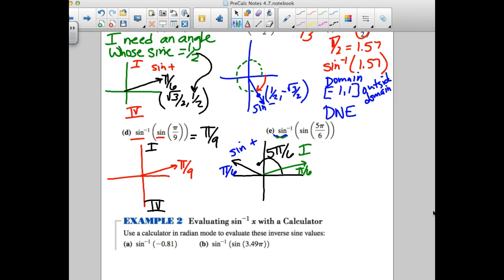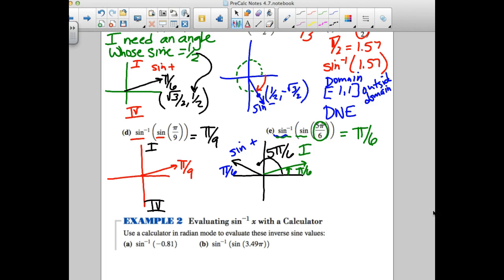So when these two things cancel each other out, you have to be a little careful. If this angle here is not in our defined quadrants, we have to move it. All right, so my actual answer is just going to be simply pi over 6. We just need this angle here. It will have the same sine value as 5 pi over 6.